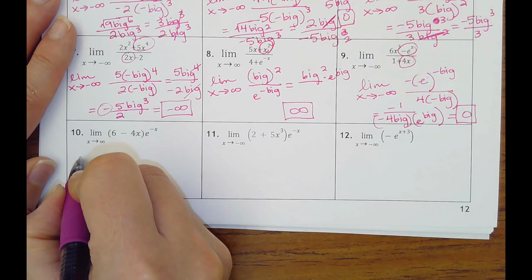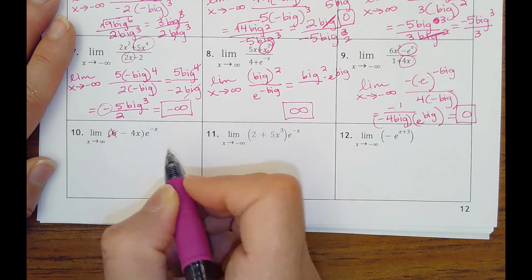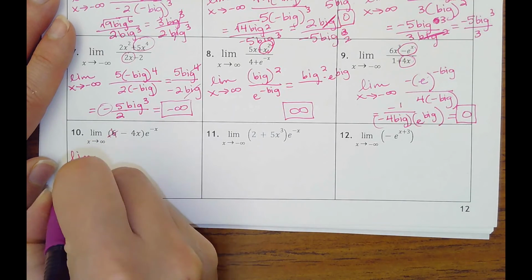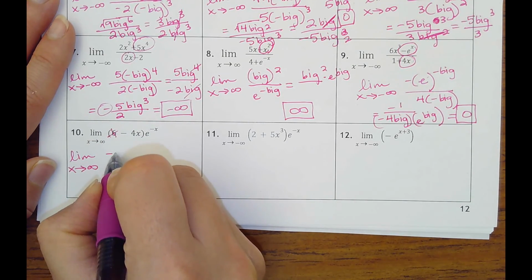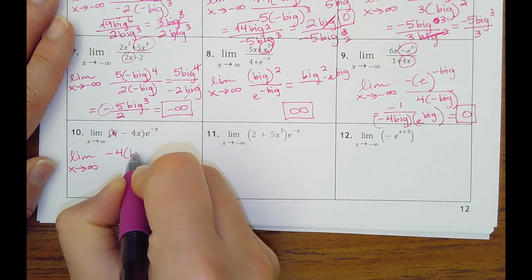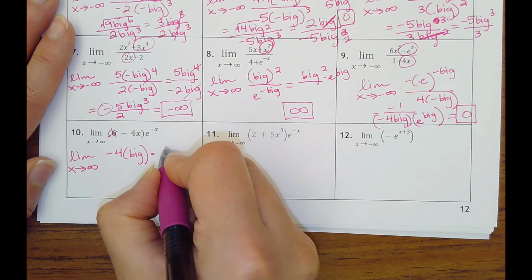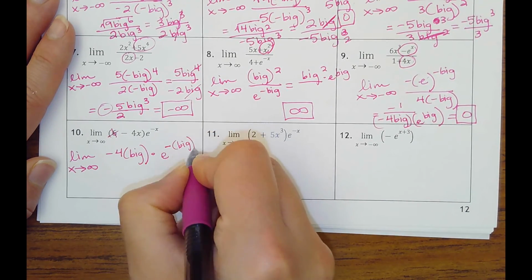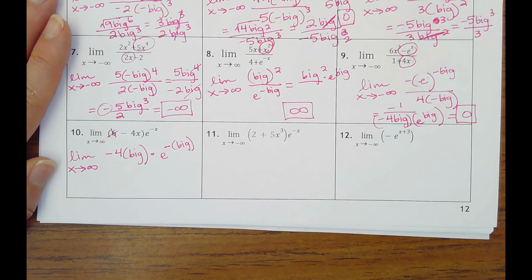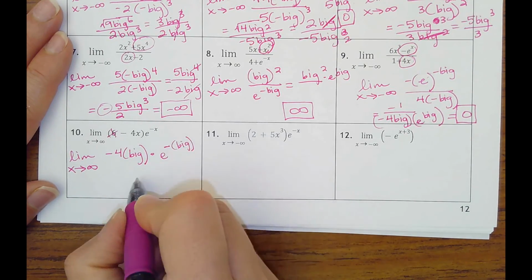We have the 6 really not doing anything, but this negative 4x is important, times e to the negative x. So limit as x goes to infinity of negative 4 times a big number times e to a negative big. And then since this is going to be a negative power, we'll sink it to the denominator.